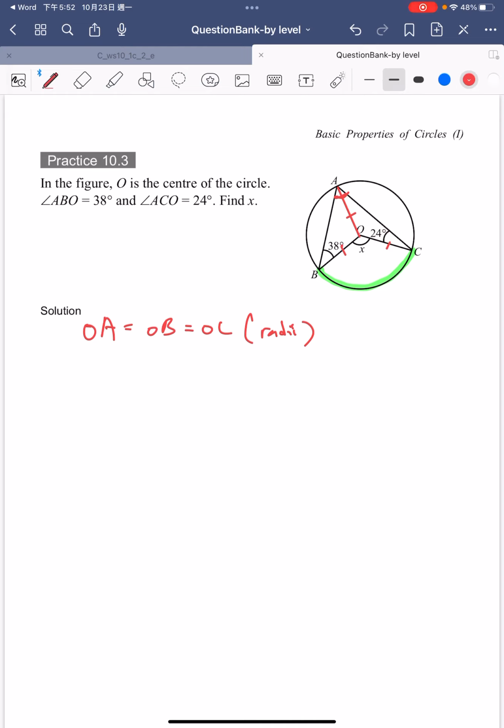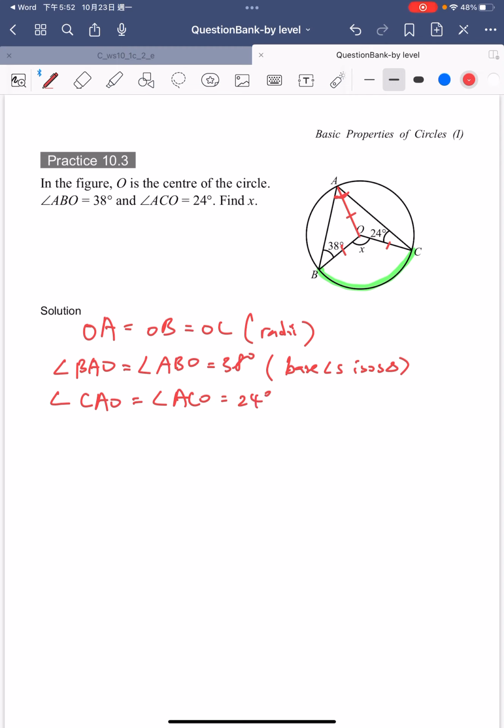So we can say that the angle BAO is equal to the angle ABO, equal to 38 degrees, by using the base angles of an isosceles triangle, and the angle CAO is equal to the angle ACO, which is equal to 24 degrees, again using the base angles of an isosceles triangle.